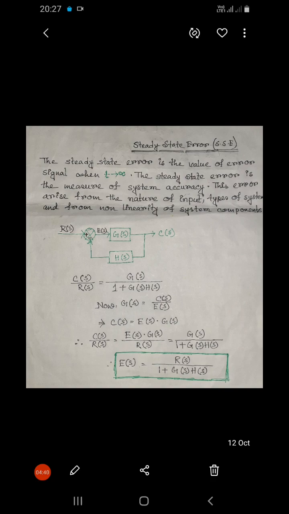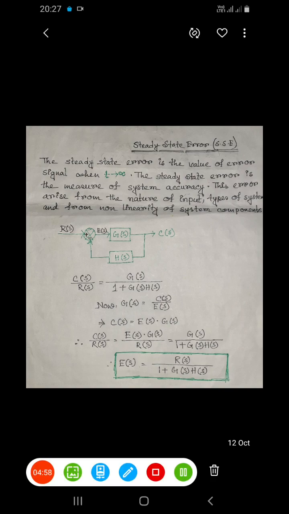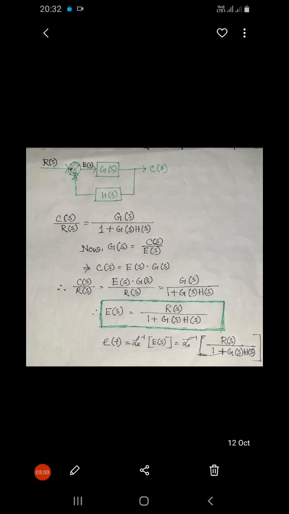If we want the time domain of this error signal, as this is a Laplace transform, we need to consider the inverse Laplace transform of E(s).